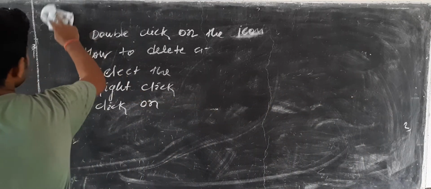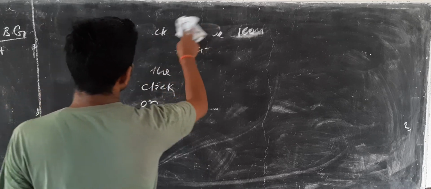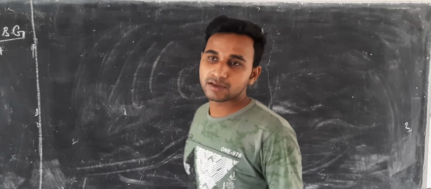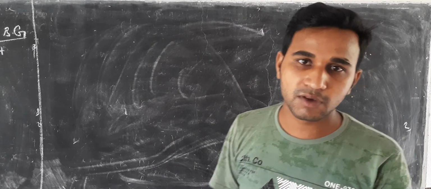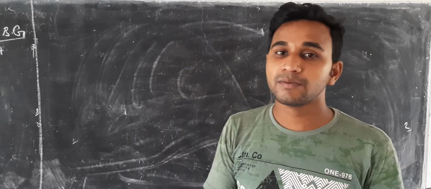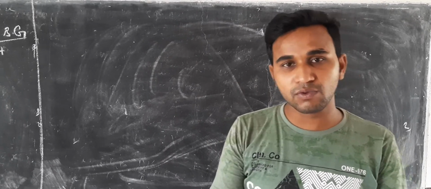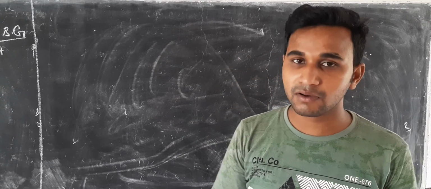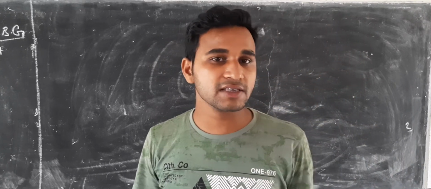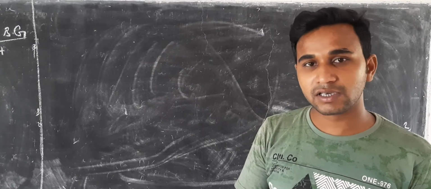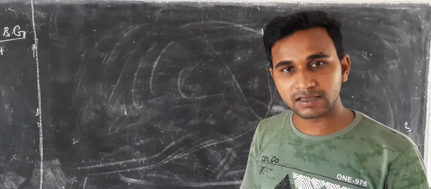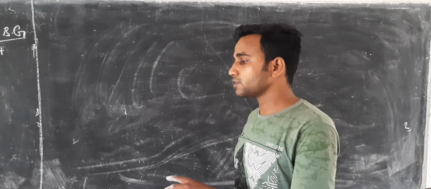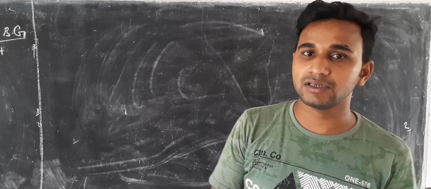In this chapter we learned what is software, types of software, what is an operating system, what is GUI, what is CUI, what is Windows and an example of Windows, how to change the desktop background, how to open an icon, how to delete an icon. So these are all the related topics of your lesson 1. Thank you.